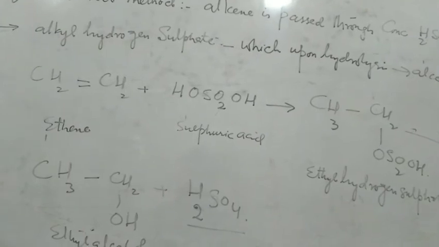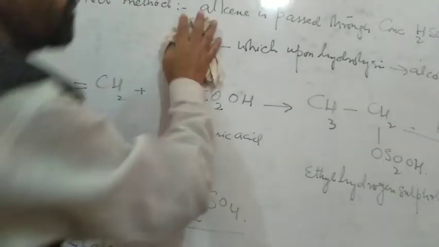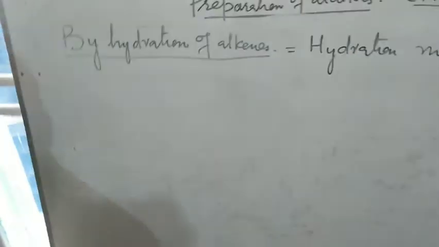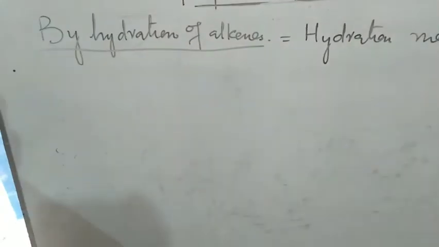अगर हम unsymmetrical alkene लेंगे तो we have to follow the Markovnikov's rule. For example, if we take an unsymmetrical alkene, let us take this one.